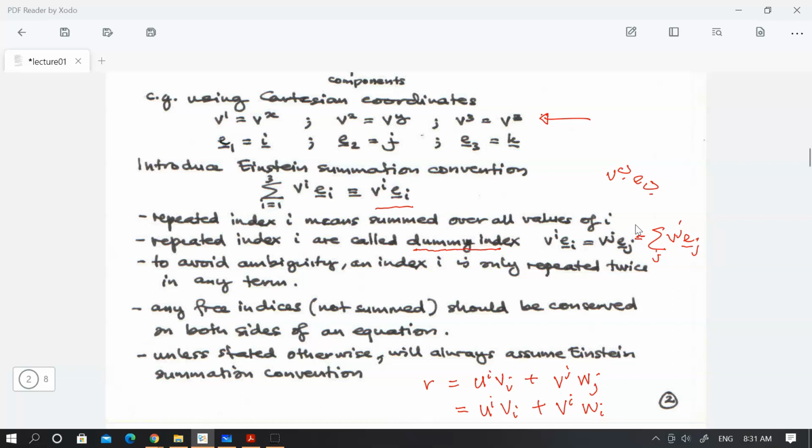But within one term, for example u_i v_i w_i, what's the problem with this? Here I have this repeated index and this repeated index, so which one am I going to sum over? You have this ambiguity that we want to avoid. So this thing should not happen.